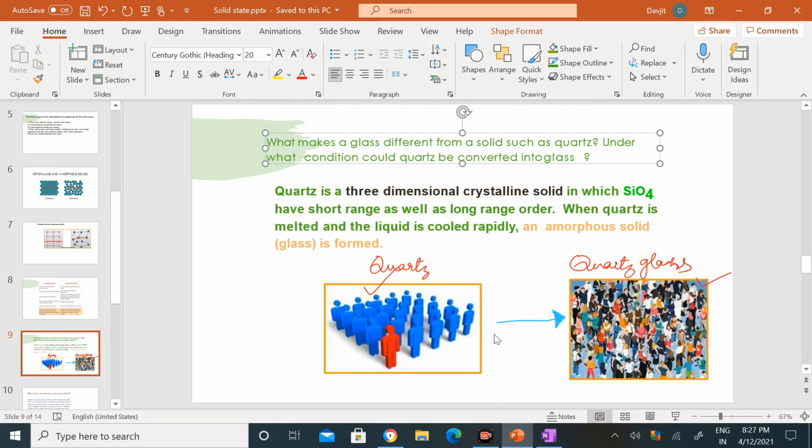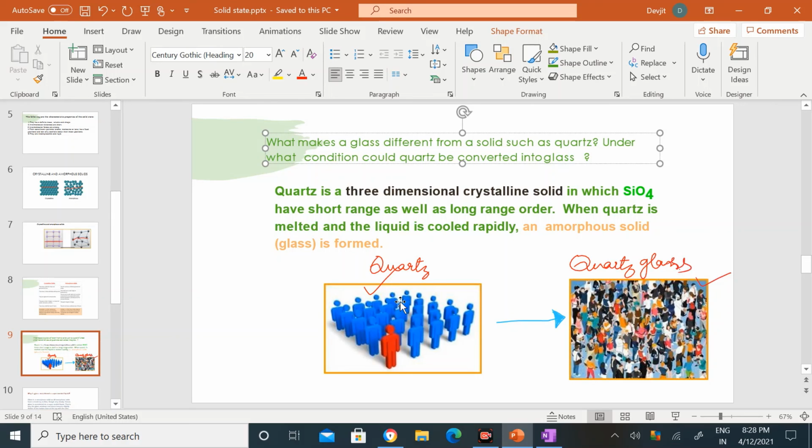So a reverse question also arises. If we can move from crystalline to amorphous, can we come from amorphous to crystalline? The answer is that it is very easy to mismanage, to disorder yourself, but it is very tough, if not impossible, to get managed, to get ordered from disorder.